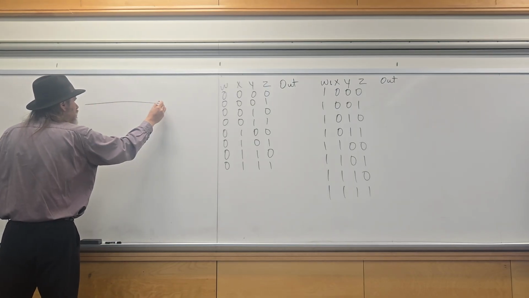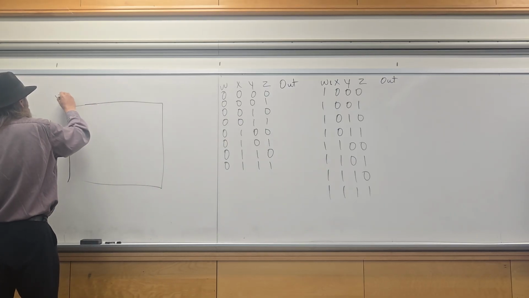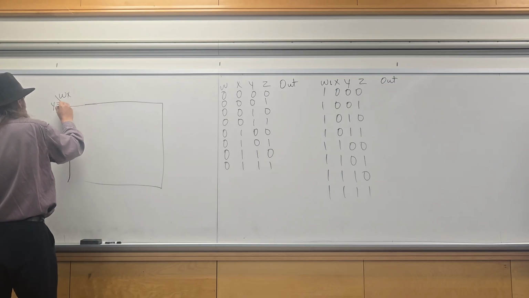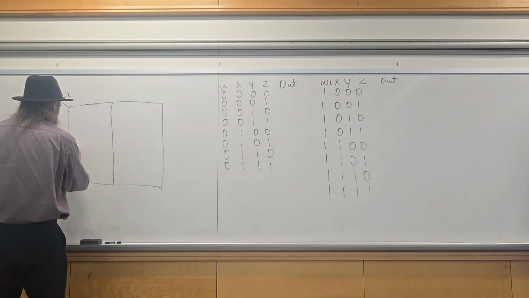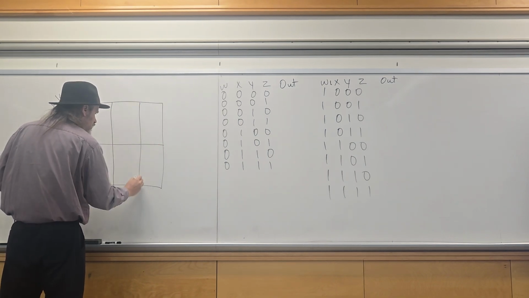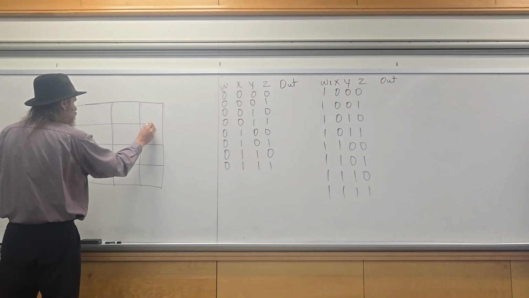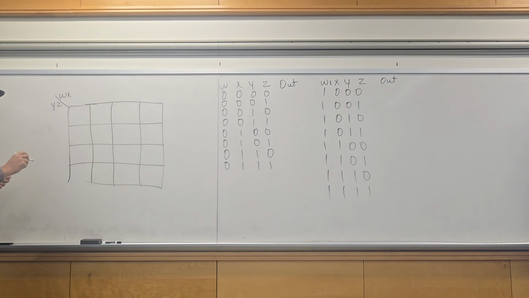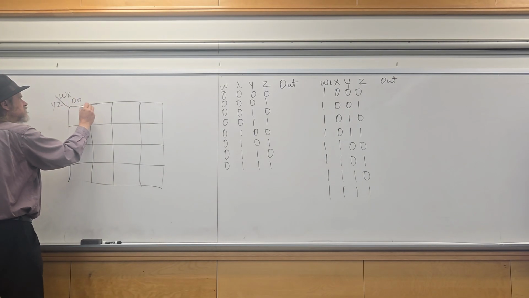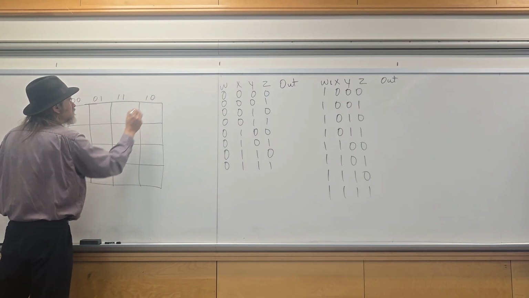And then, of course, label them across the top. Start with 0, 0. Change 1 bit. Change 1 bit. Change 1 bit.